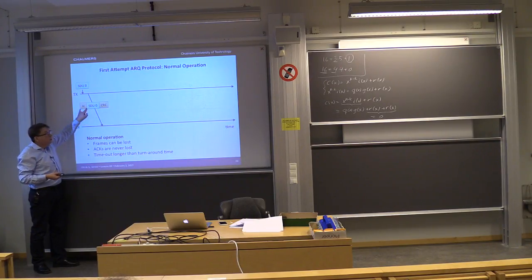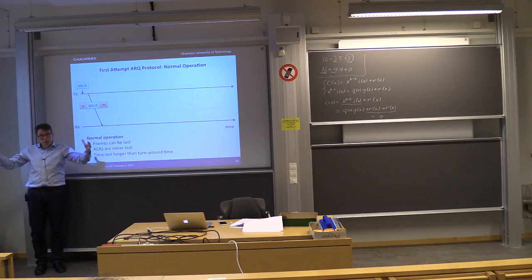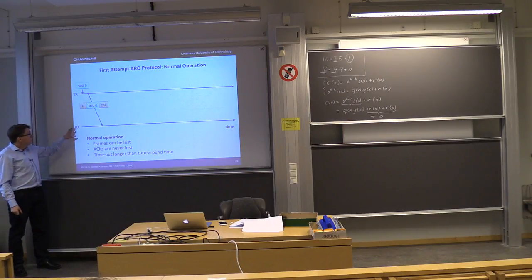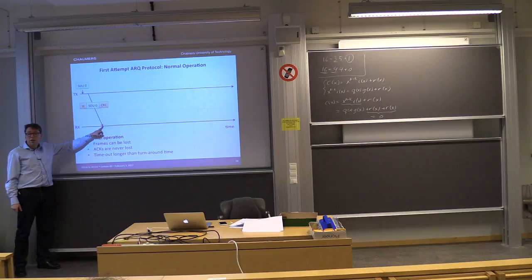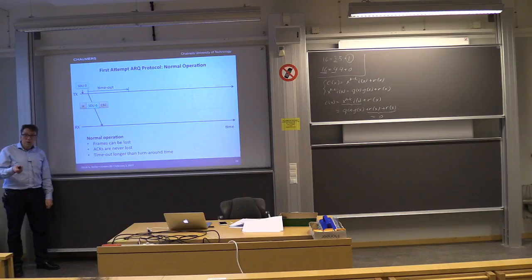Then we put the header on that, and then a CRC. I assemble that and put it down to the layer below, which transmits it. At some point, it reaches its destination. And at the same time, when we transmit, we also start a timeout.